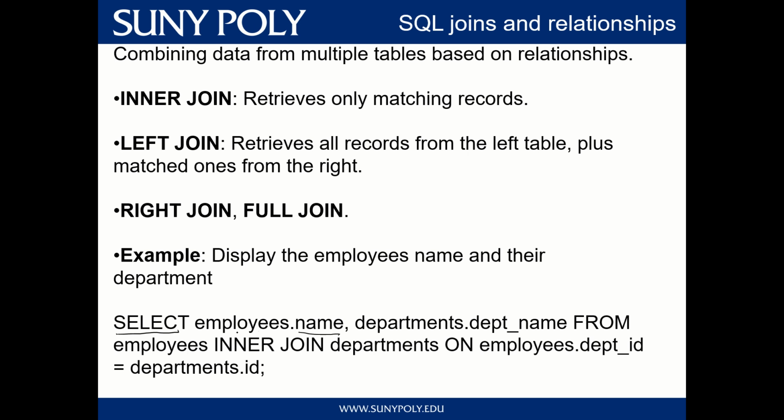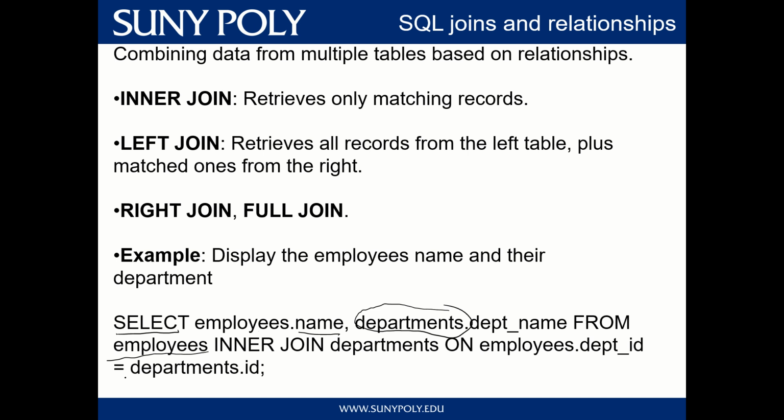That means we're going to pick the column name from the employees table. We also want to see the department name, but that one is in a different table, called departments. So we have two tables here, employees and departments.